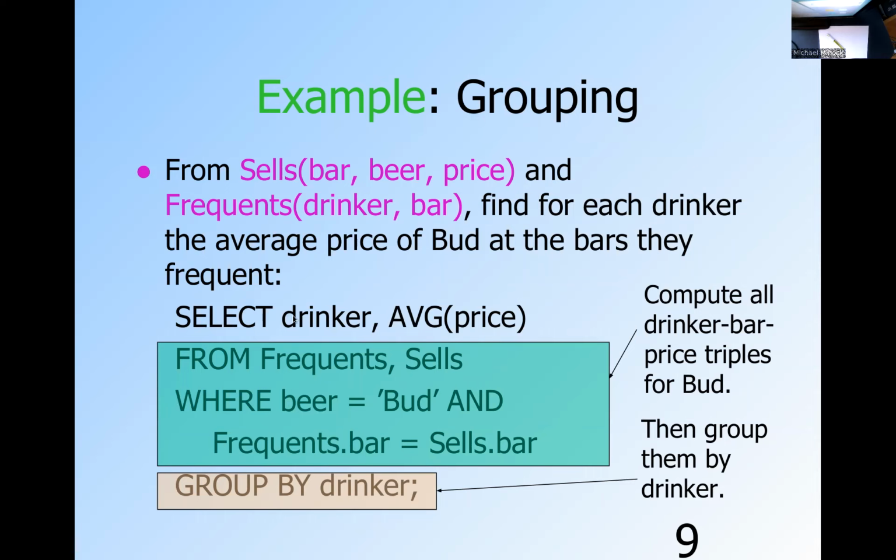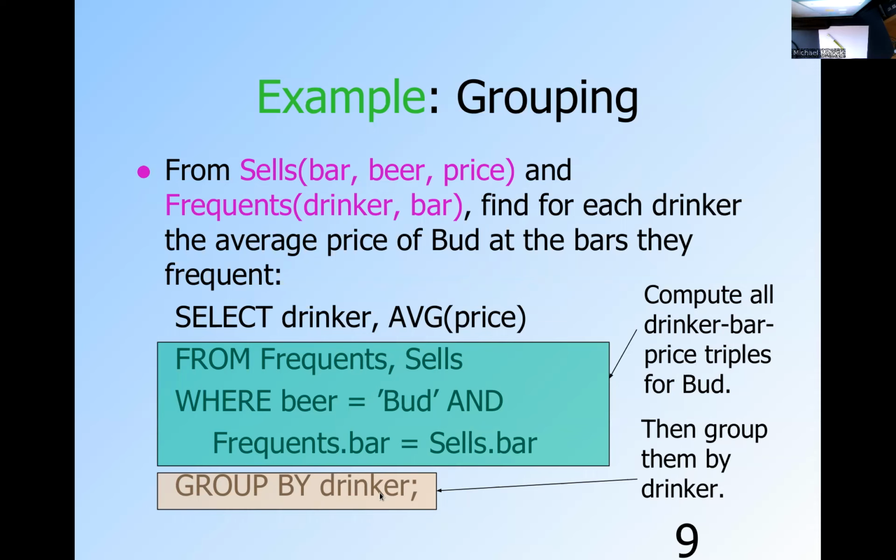But anyways, select the drinker and the average price, where what we're doing here is we're saying frequents and sells where the beer is Bud and they frequent that bar, and group by the drinker. So basically, this is computing all the drinker, bar, price tuples for Bud. This is an underlying table, the table over which the partition will apply.